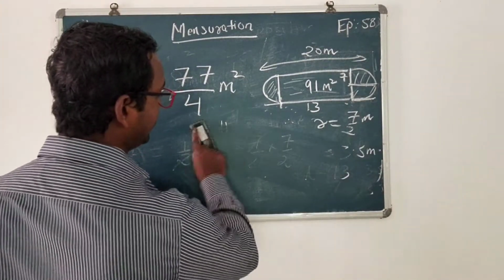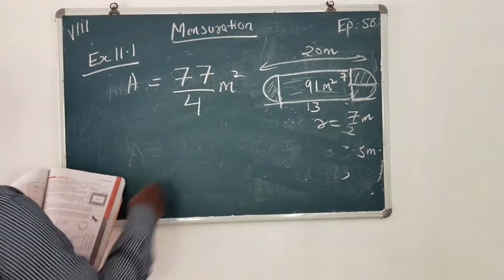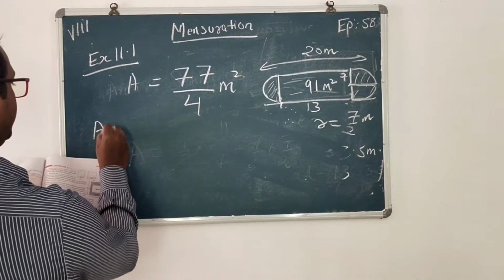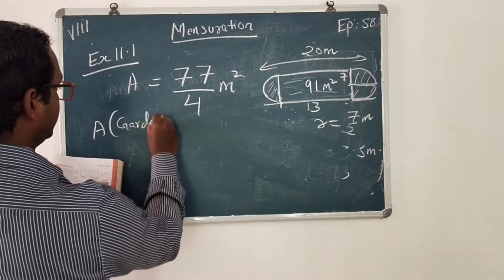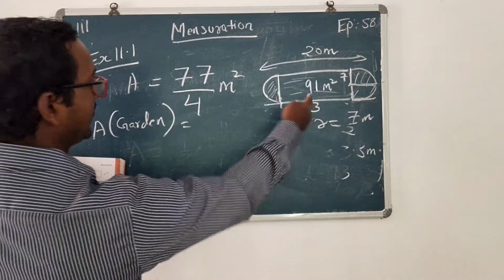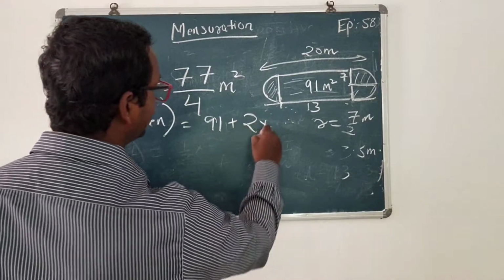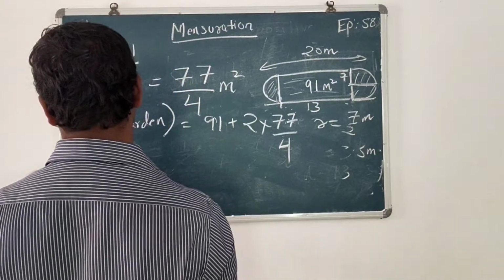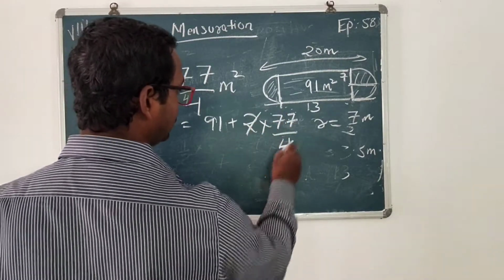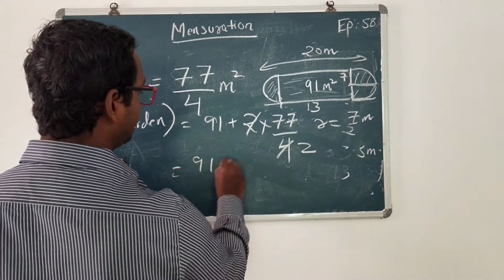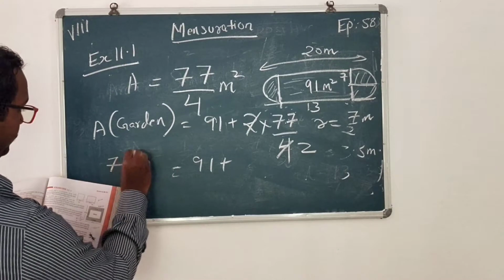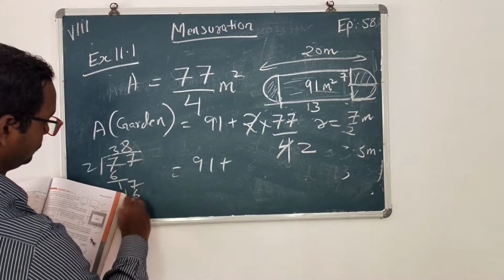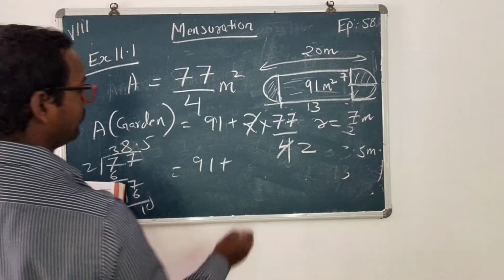So finally the area of the entire garden is equal to the area of the rectangle, which is 91, plus 2 into the area of a semicircle, which is 77 by 2, that is 38.5.